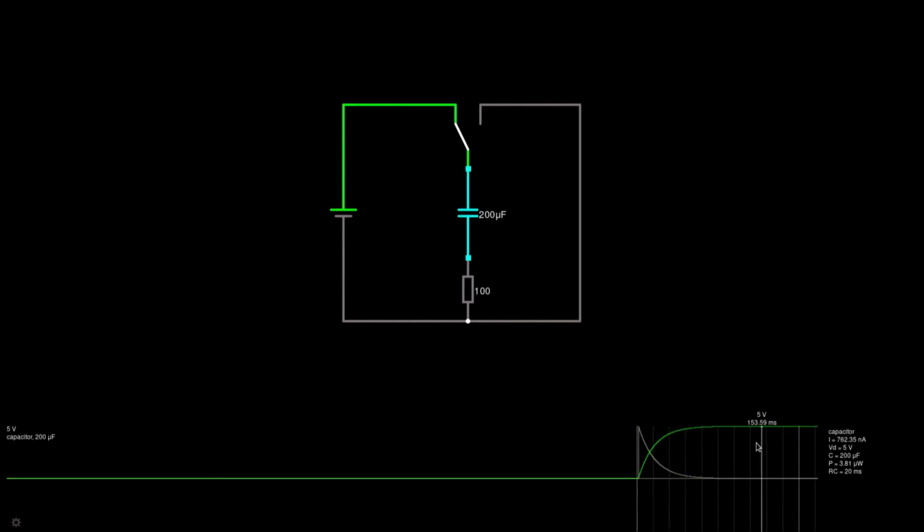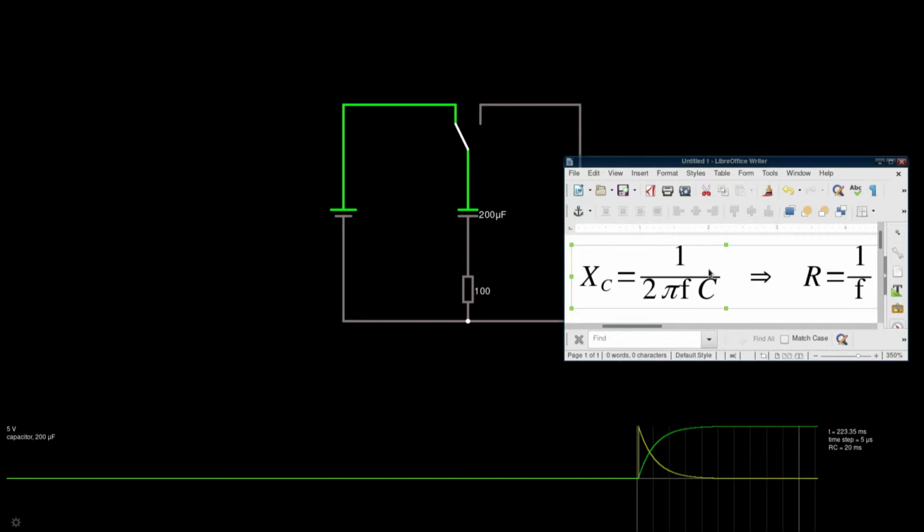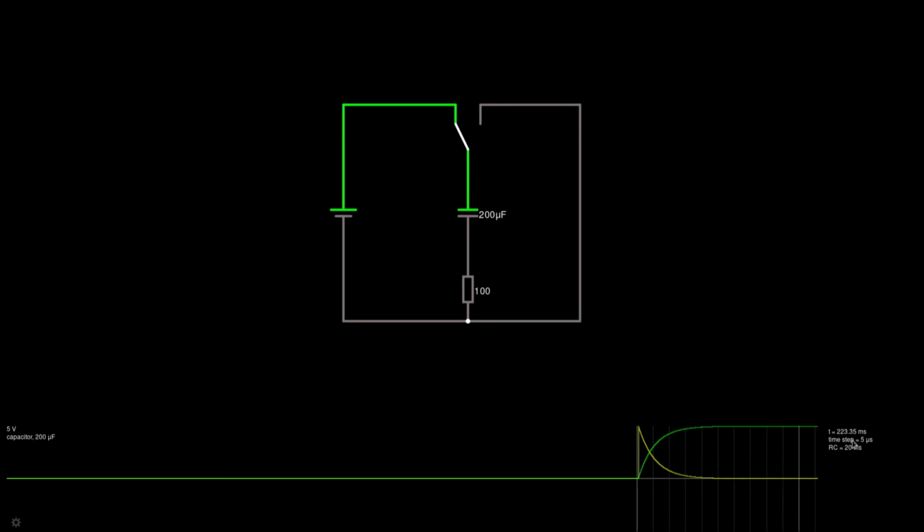We can see that there is current, although this is a DC circuit which should have infinite impedance or resistance. But during a small time, which has been 223 milliseconds at this moment, during this time the capacitor was charging, and during charging or discharging we can see some current going through the capacitor. Let's look at it closer.